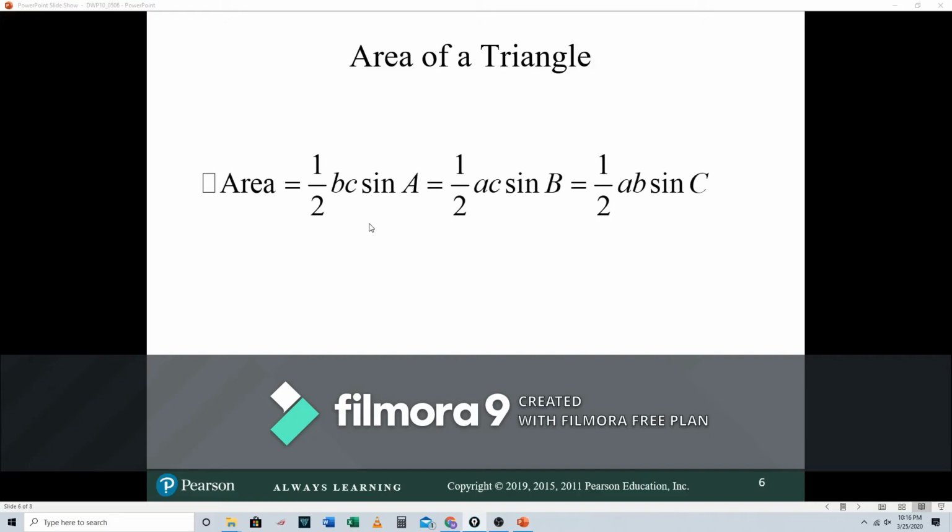All right. So that's on page 441. We're going to look at, let's say, number 20, which says find the area of the triangle.